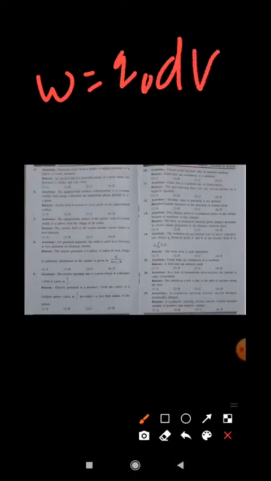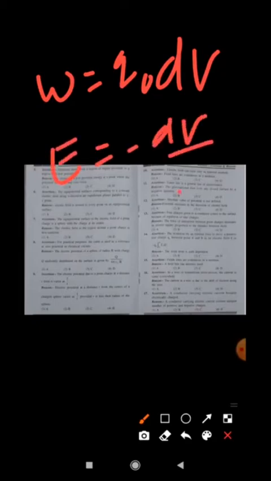And by using the concept E equals minus dV by dr, we can write V as the negative of the integral of E dot dr.